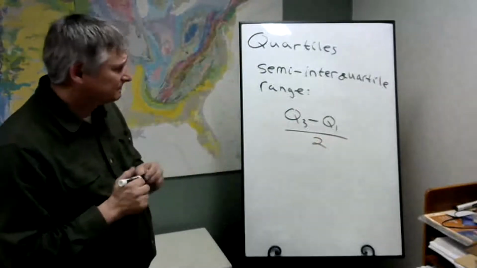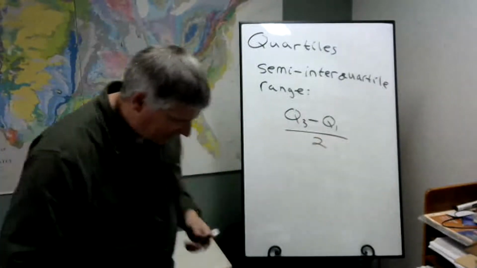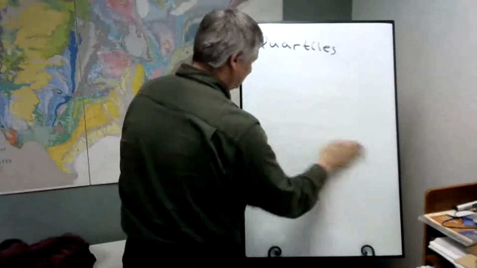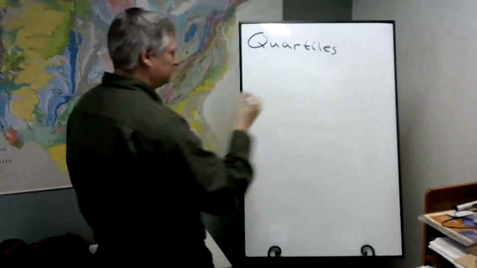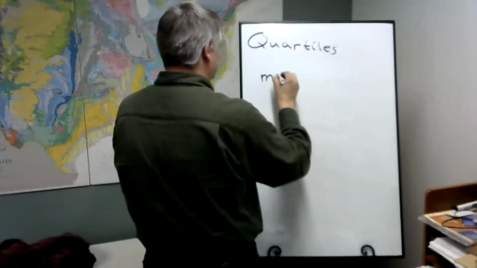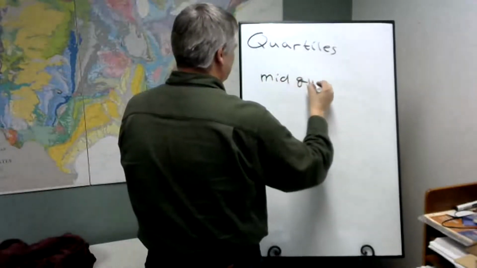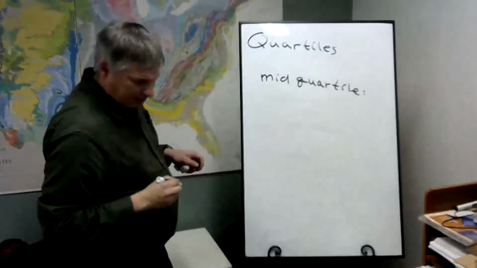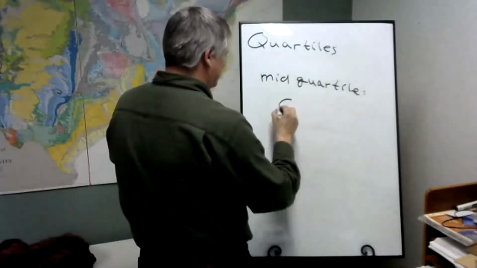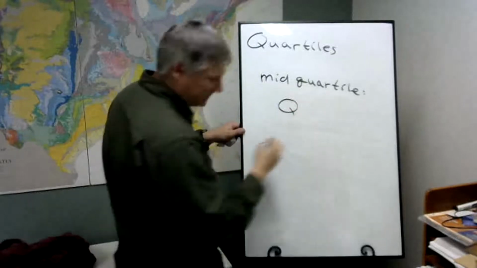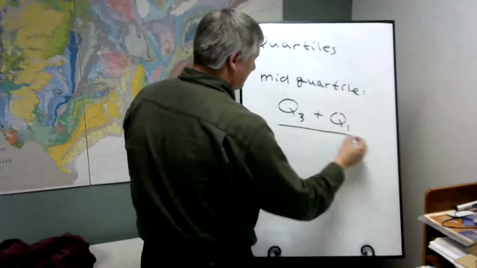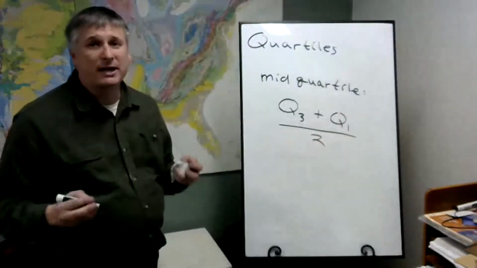That's it. Then we have what's called the mid-quartile. What the mid-quartile is, we take Q3, add it to Q1 this time, and then divide by 2. We average it.